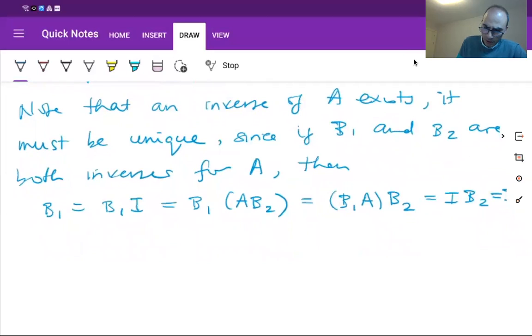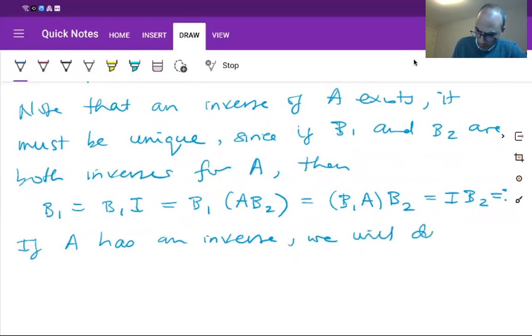So it makes sense to say the inverse. If A has an inverse, we will denote it by the symbol A superscript -1.